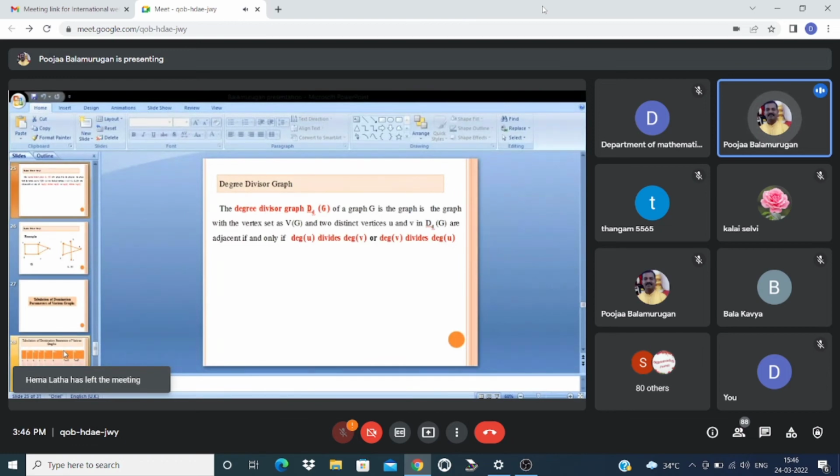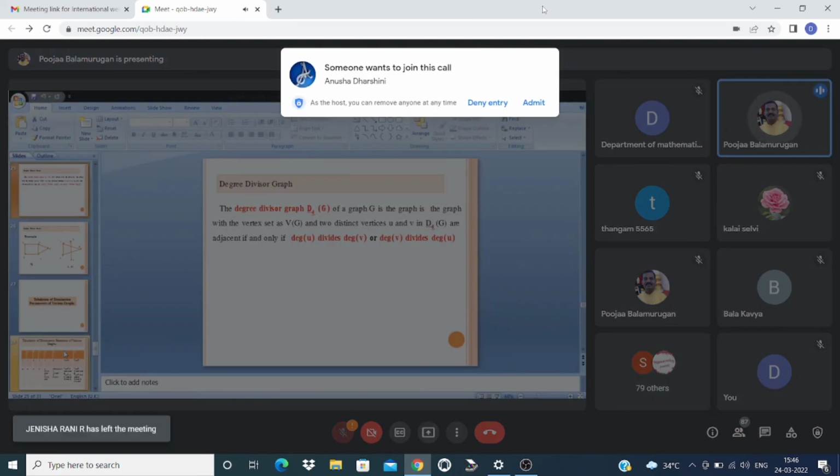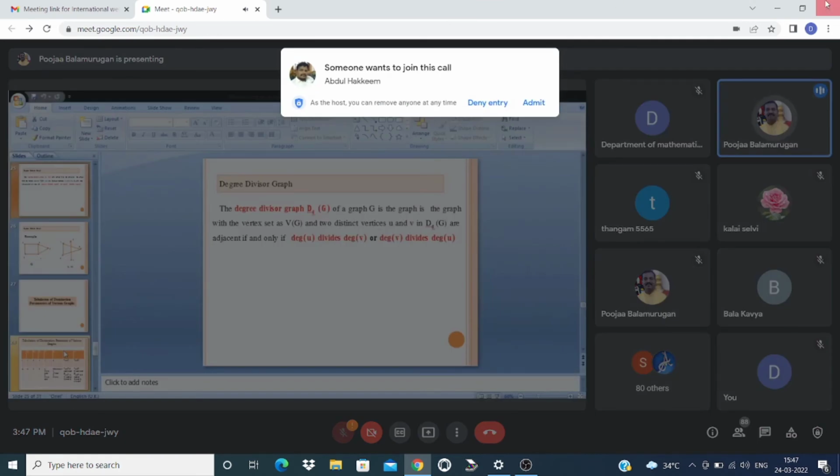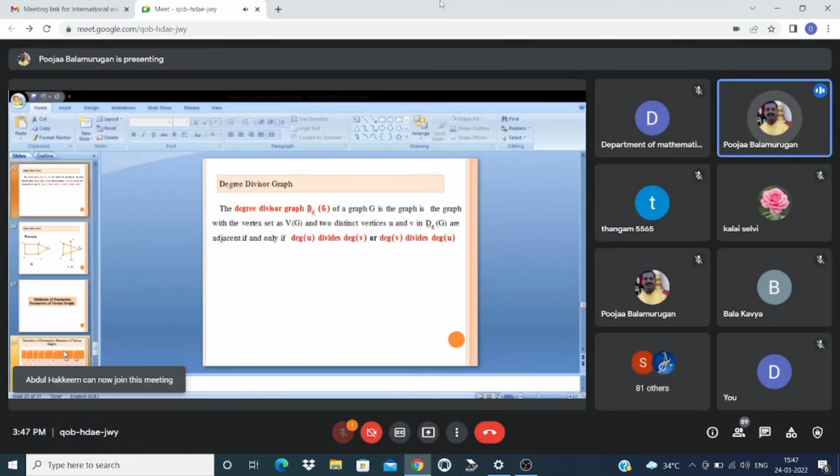So the degree divisor graph DD of G of a graph G: you take the original graph G, and DD of G has the vertex set V of G, and two distinct vertices U and V in DD of G are adjacent if and only if degree of U divides degree of V or degree of V divides degree of U.